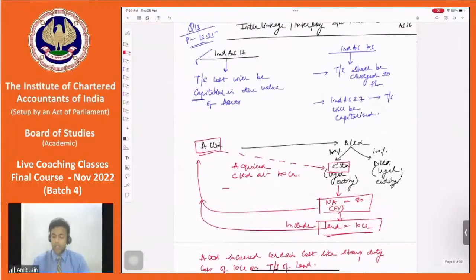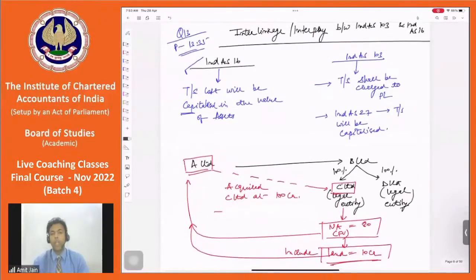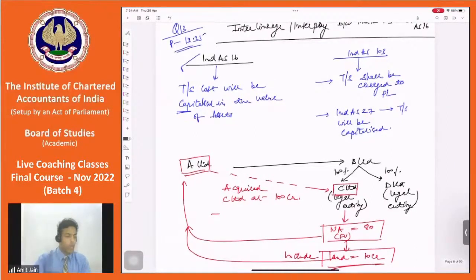Tell me what should be the answer, guys, in this case. We have discussed the concept. I have already explained the concept. This is the query in front of the chartered accountants. Now you guys have to tell me what is the accounting treatment you have to tell to your clients in this case. We'll be waiting for your answer, guys. Quickly, guys, quickly.